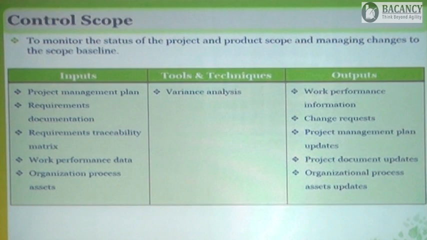For example, you missed one functionality. In the quality, you do the root cause analysis, and you find out it is because the resources do not have adequate training. What you will do now is raise a change request. Why do we need a change request?